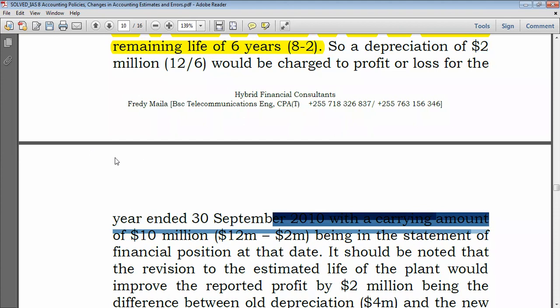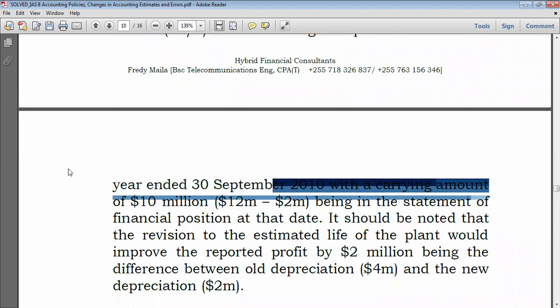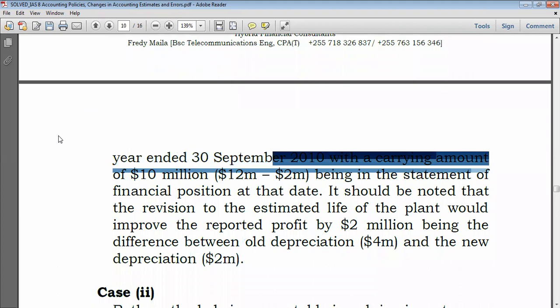Because remember the asset was having a carrying amount of 12 million and you have charged 2 million depreciation. That means we debit depreciation in the profit or loss by 2 million. We credit that asset by 2 million. So we would have deducted 2 million from 12 million, remaining with 10 million here in the statement of financial position.